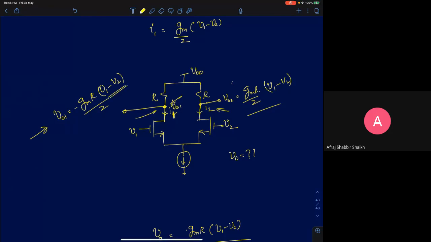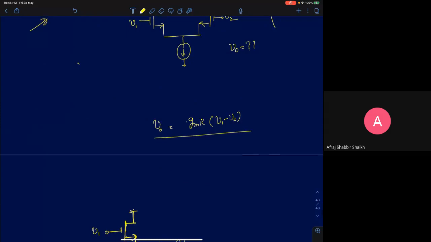And if I take the output differentially, that will be simply twice of this. If I take the differential output VOD, which is VO2 minus VO1, that will simply be GMR into V1 minus V2.